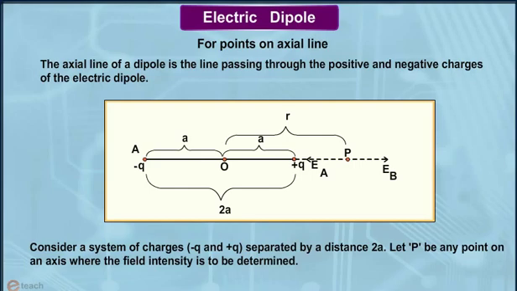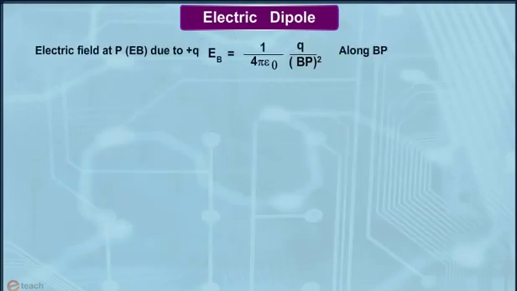Let P be any point on the axis where the field intensity is to be determined. Electric field at P due to Q is equal to 1 by 4 pi epsilon naught Q by BP square, where BP is r minus a, and the direction of the electric field is along BP.